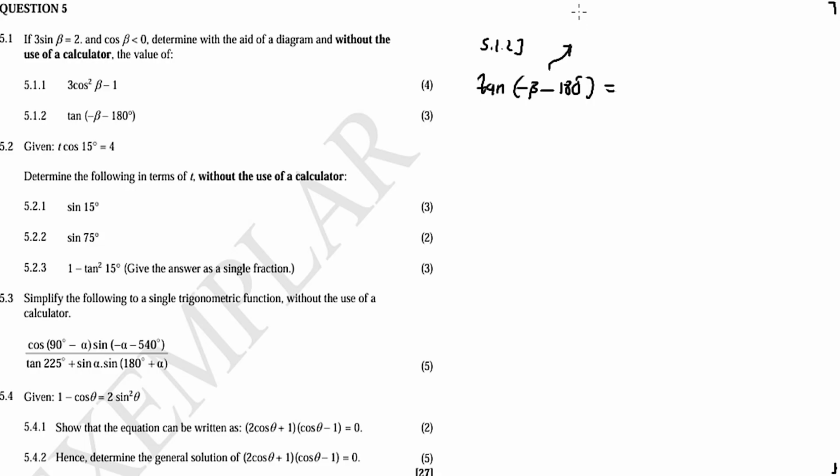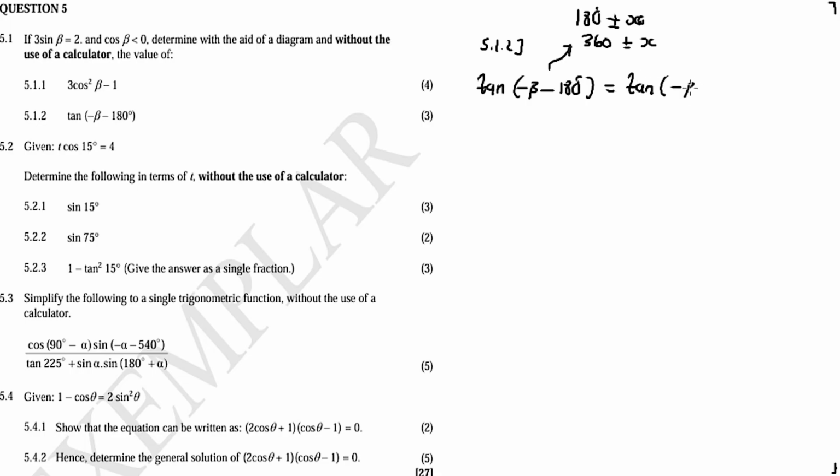In a reduction we always start with the positive angle, 180 or 360, and the acute angle, which is our x or theta, must be plus or minus. So here you can either apply a sign change rule so that you make 180 positive, or you can just do this.